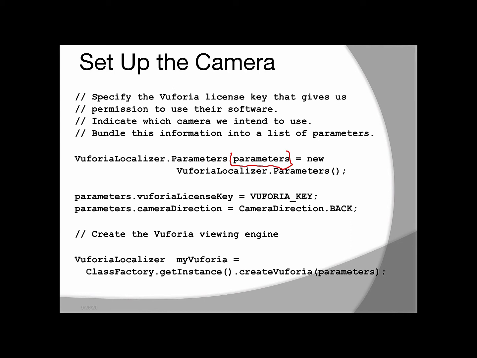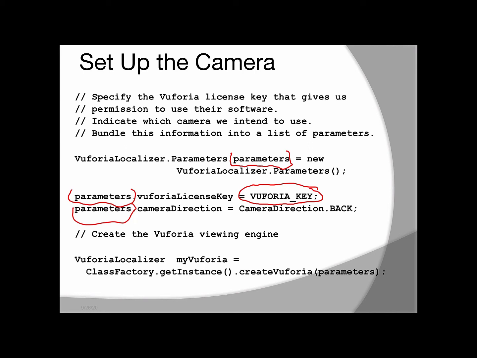And so we're going to call those parameters. Here they are. And so the first thing that we're going to have to do is to set the Vuforia license key. And there's a string that's associated with this uppercase label.